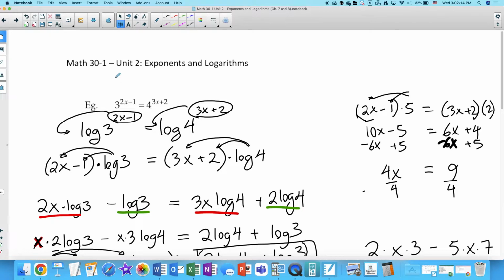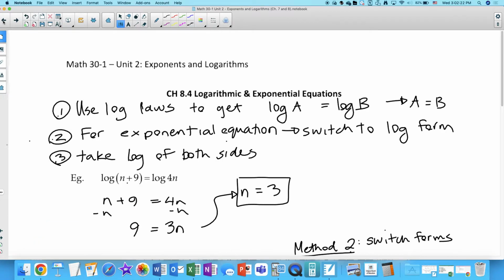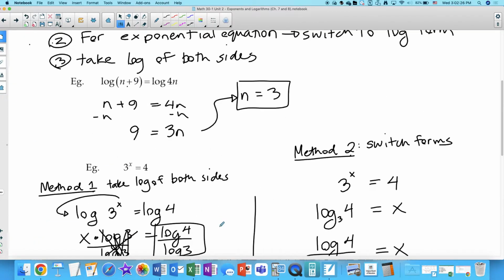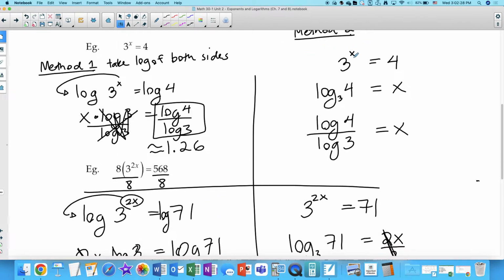When you switch forms, it's really nice to do that when you have a variable on one side, like here, because then you can get that variable out of the exponent position when you switch forms, and this side's just a number, right? That's pretty nice.